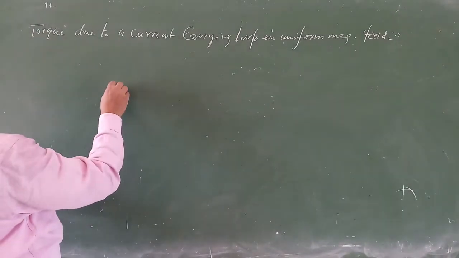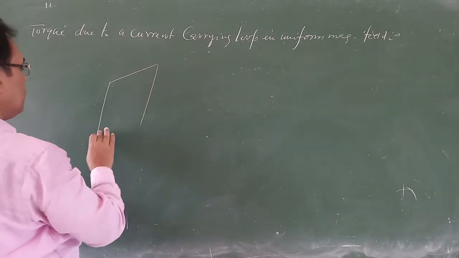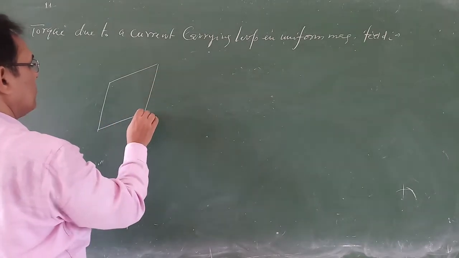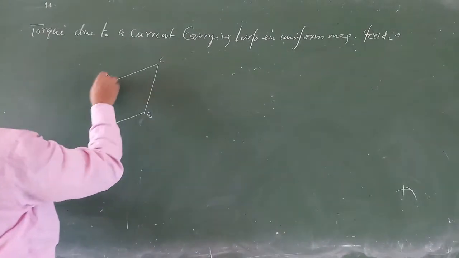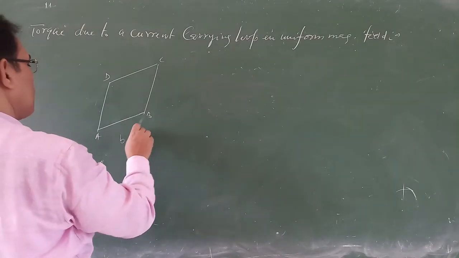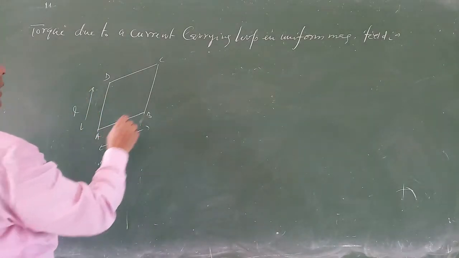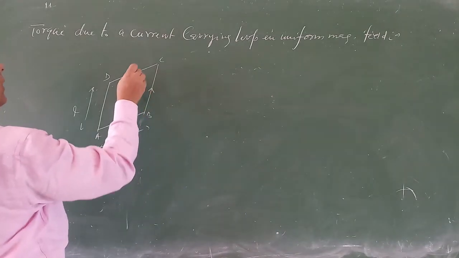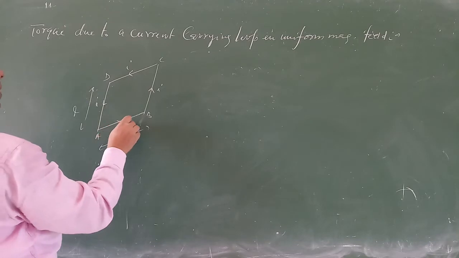So suppose you take a loop. This is a current carrying loop A, B, C, D. This is the breadth and this is the length. Let current I be flowing through this loop.